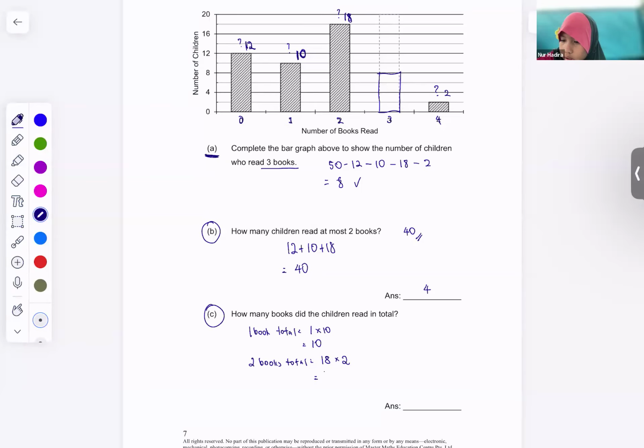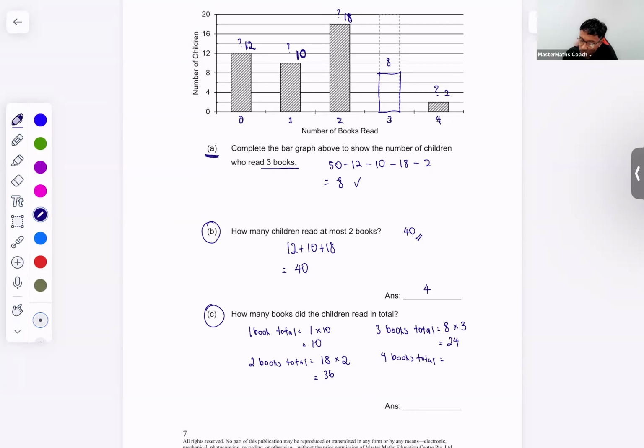36, correct. Okay, so for three books total, you write this down. We have 8 students. They read 3 books each. So we have to do 8 times 3. Do you know what's 8 times 3? 24. Good job. And then the last one, 4 books total.